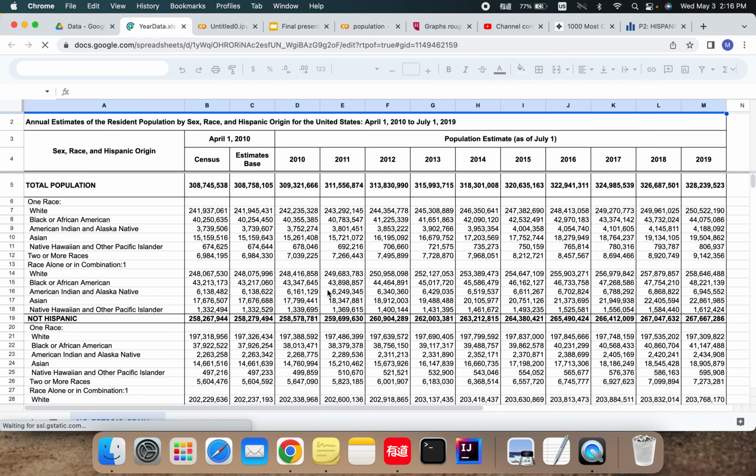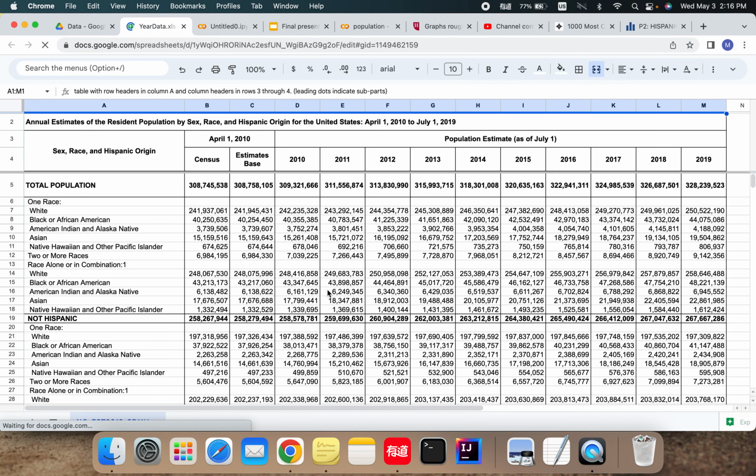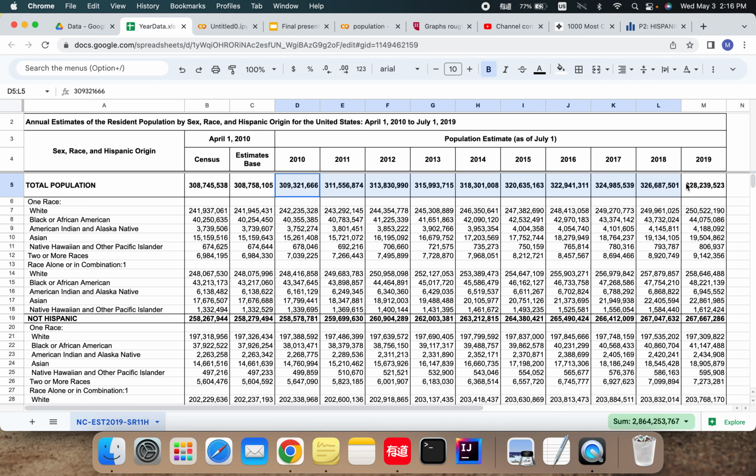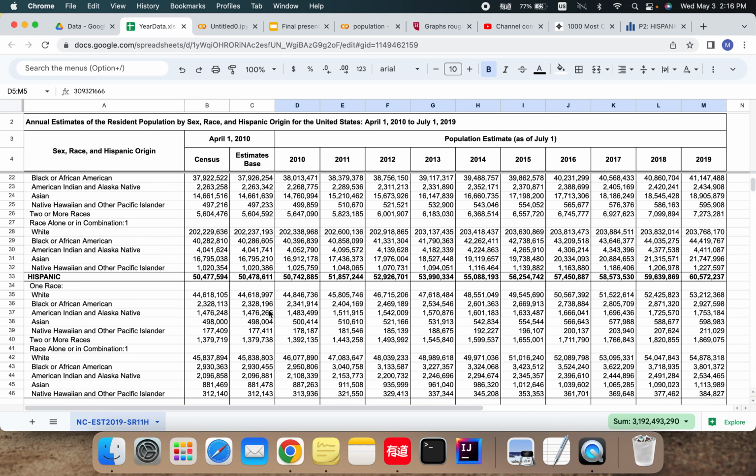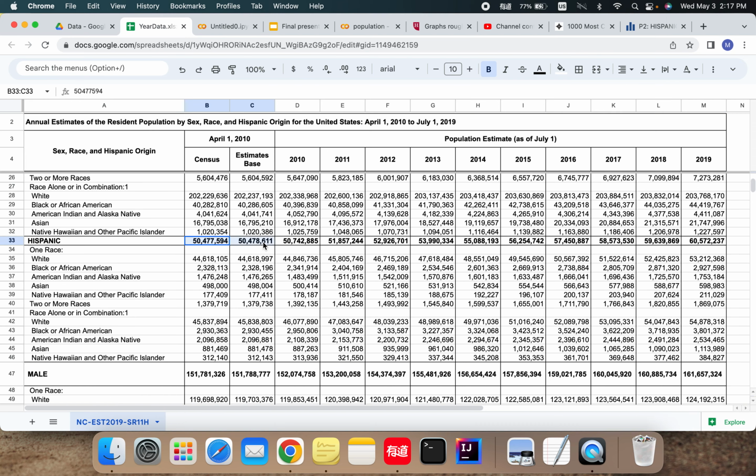I also found this source from the census as well. This has the total population and their estimation from year 2000 to 2019. I wish to do one more graph to show the people, like a scatter point, and I use this to tell people, by the way, this is not Hispanic or Latino here.